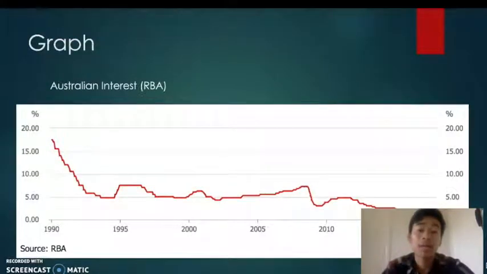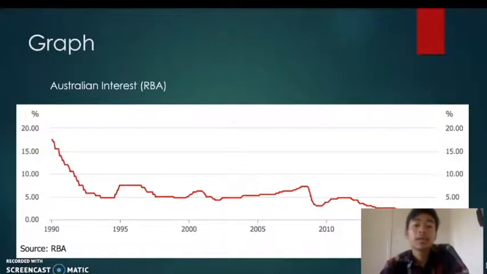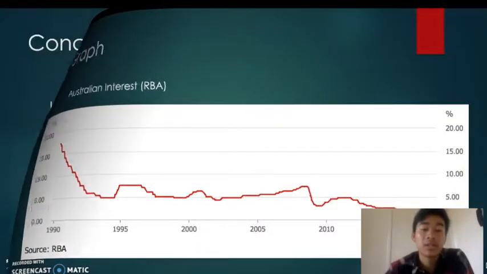This graph from RBA shows that Australian interest rates have been downward sloping from 2010 to 2015, with little to no fluctuation, hitting a historic low, but we believe that the government will start to increase their interest rate from the current 1.5% to 1.75% in the next 3 to 6 months because the current economy has significantly recovered.